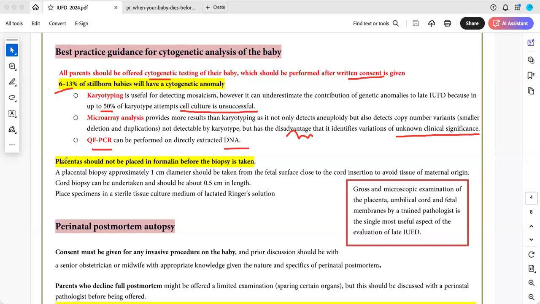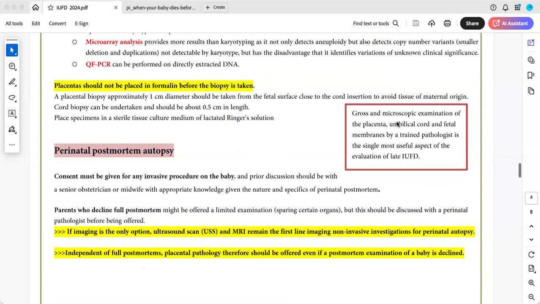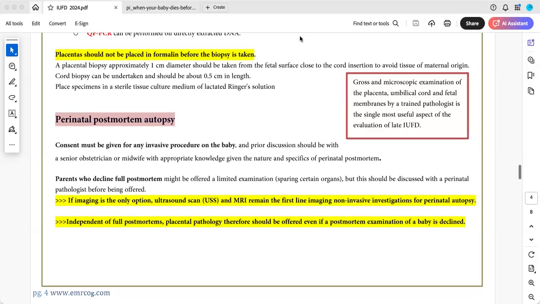Before you take a biopsy from the placenta, you need to take care that it should not be placed in formalin, okay? And the placental biopsy, approximately 1 cm in diameter, should be taken from the fetal surface close to the cord insertion to avoid tissue of maternal origin. So I think there was a previous exam question asking you about the site where you will take the placental biopsy, whether from the fetal surface or the maternal surface.